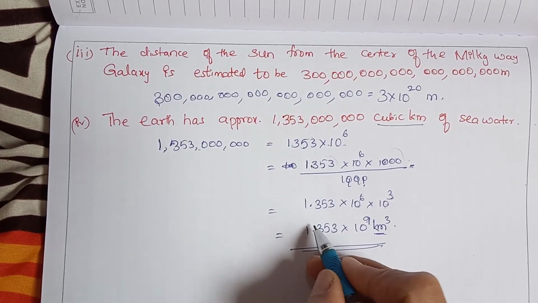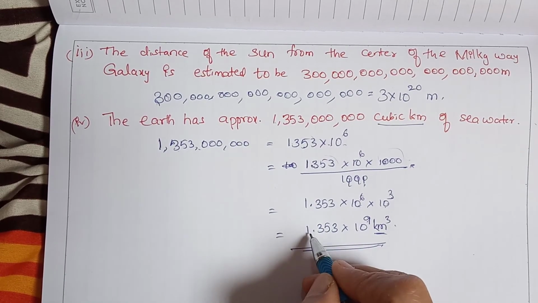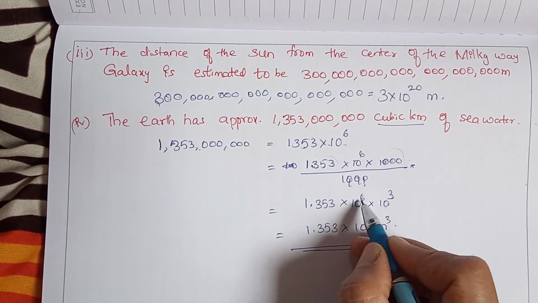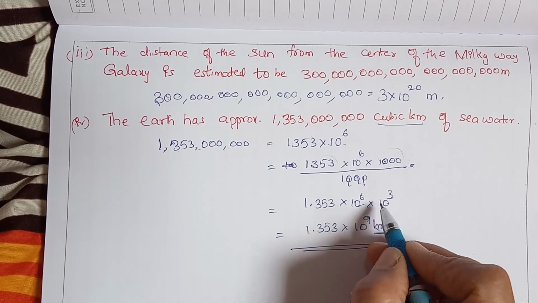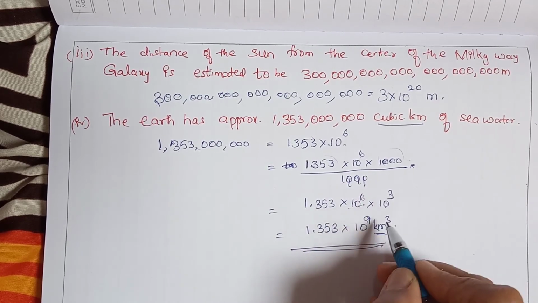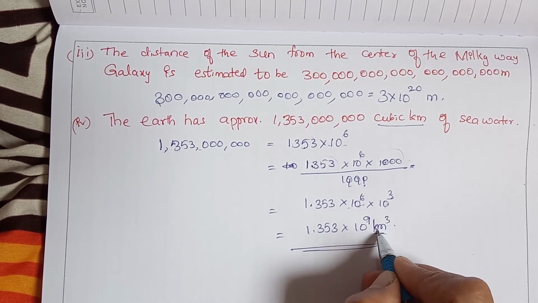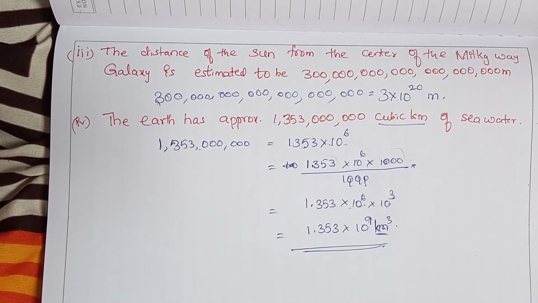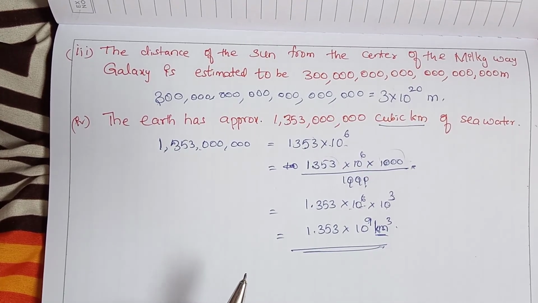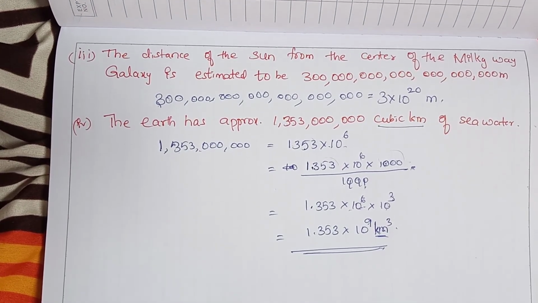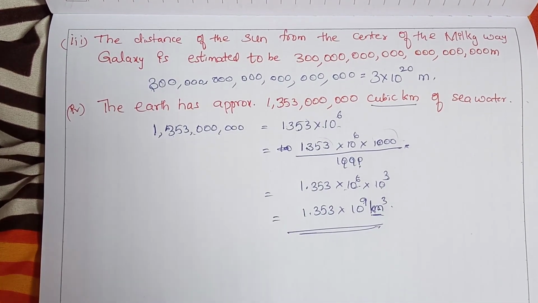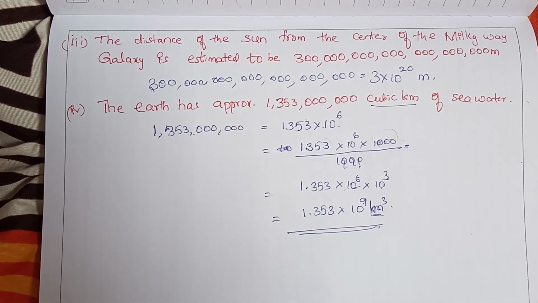In the next step, I just added the powers as the bases are equal. 6 plus 3 is 9. This is kilometer cube. I hope you all are understanding very well, and you are practicing perfectly also. Thank you for listening to my videos.